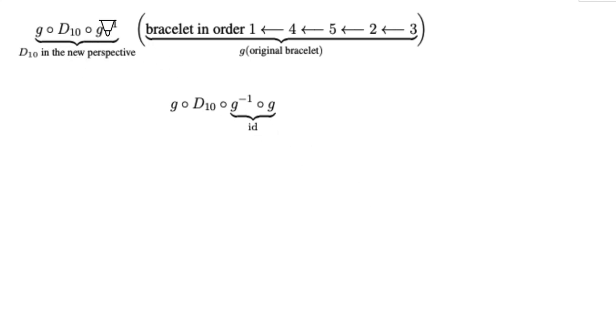So let's first send our original bracelet over to the place where this can cause the variance within that configuration. Notice this is the stabilizer of that configuration. In fact, it is called a stabilizer subgroup.